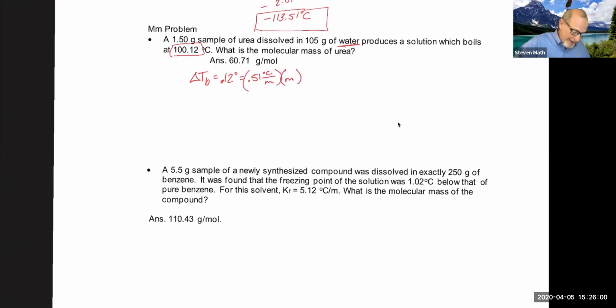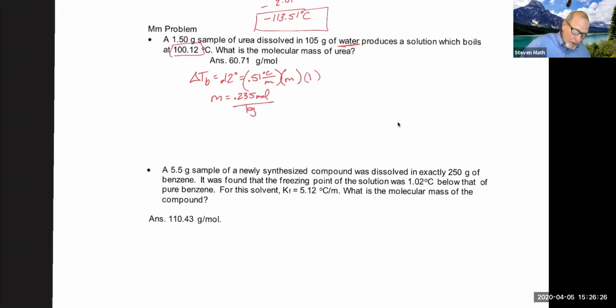Okay, so that's my delta T, and that's equal to the KB, 0.51, times m, and I don't really know i. They didn't say anything about it. They're saying molecular mass, so I'm just going to have to assume i is 1 unless they told us that it split into a certain number of particles. So if I solve this, the molality of this solution is 0.235 moles per kilogram of solvent.